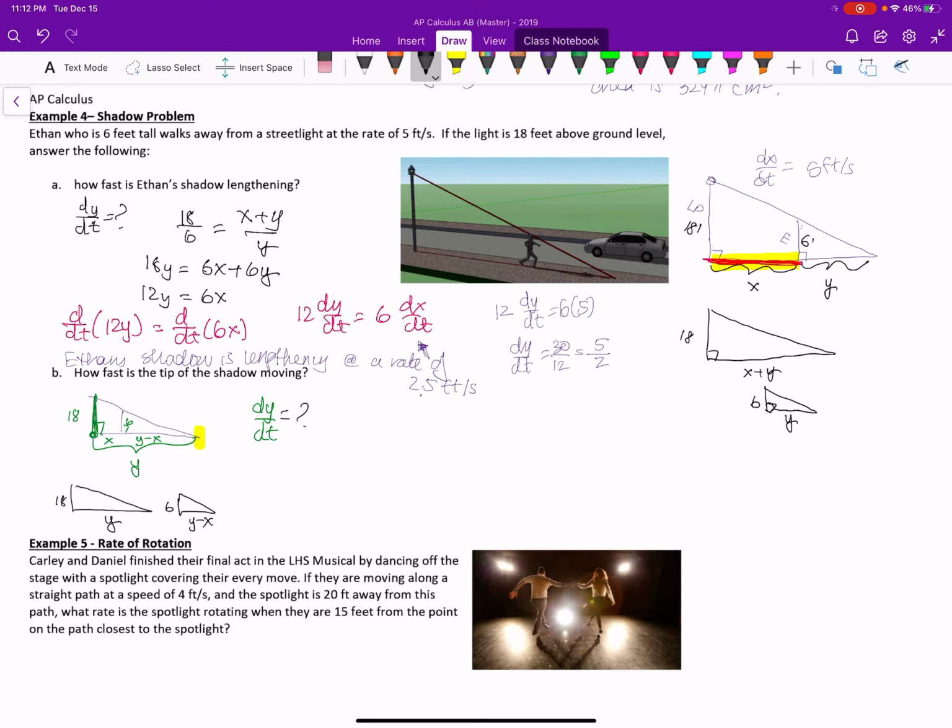The reason I need to do that is that dx/dt is still the speed at which Ethan is moving. He's moving at 5 feet per second, right? So that needs to still be there.